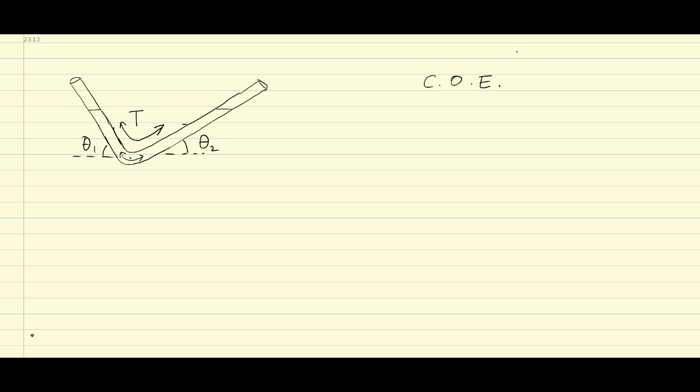We will assume in this problem that friction, or viscosity, which is the equivalent of friction when it comes to liquids, is absent, and because of that we can assume that the total mechanical energy is conserved. In other words, the kinetic energy of the liquid plus the potential energy of the liquid never changes from some constant value.